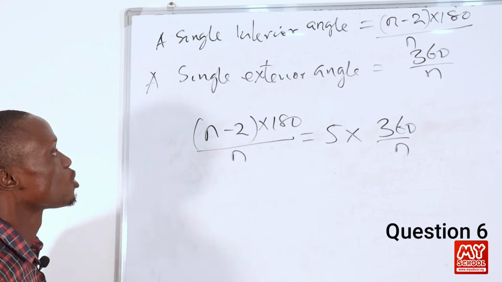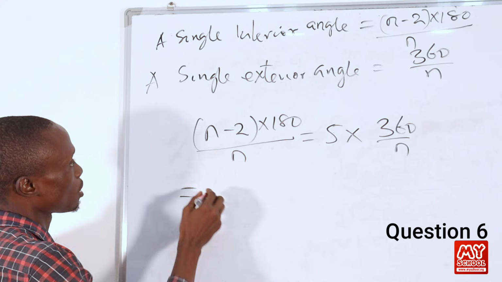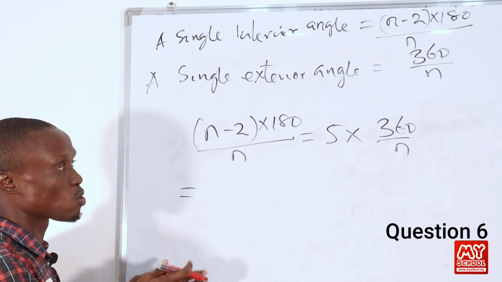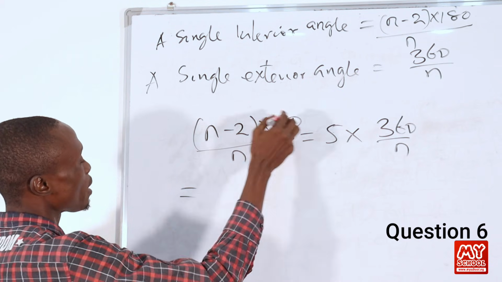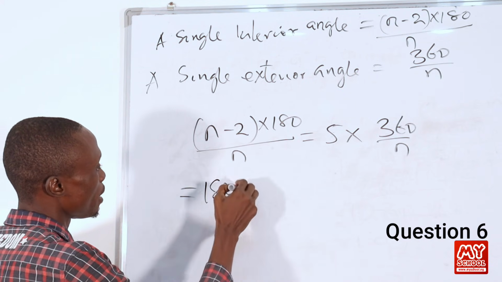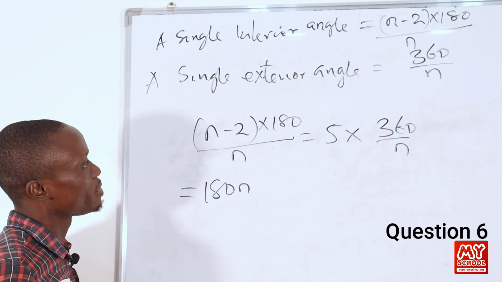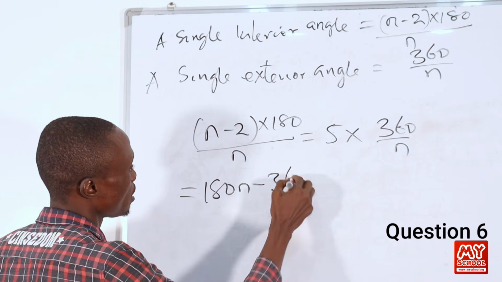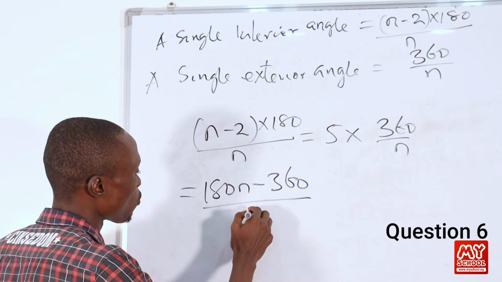So we open up this bracket, using what we have outside the bracket to multiply everything inside. So 180 times n will give us 180n. Then 180 times minus 2 will give us minus 360, all over n.